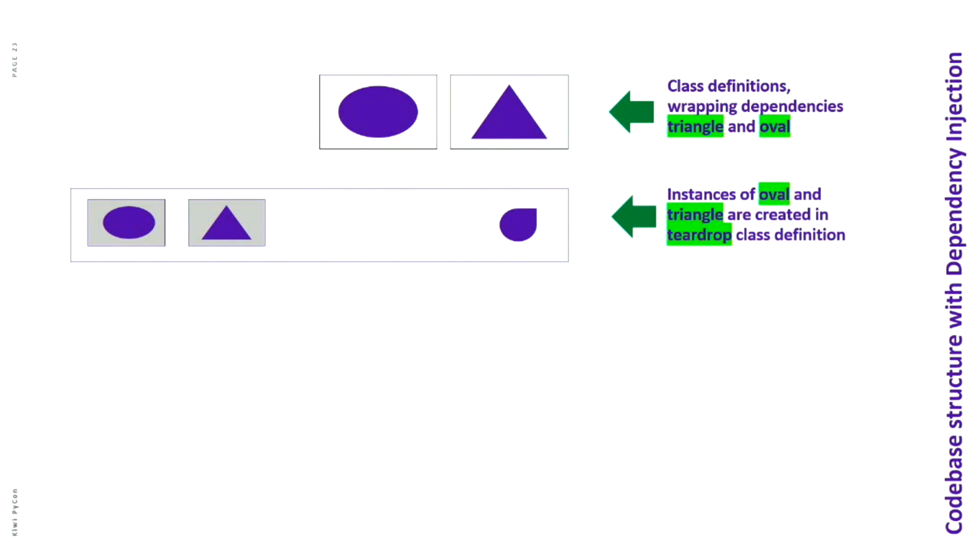Moving more toward dependency injection, we take our class definitions that wrap our dependencies. So we've got our triangle and our oval there, representing our database and our Boto integrations from the previous slide, and we instantiate them at the top of the call stack in our teardrop class definition.